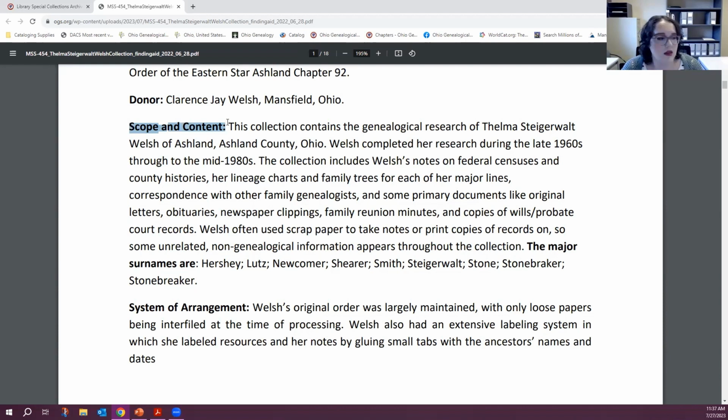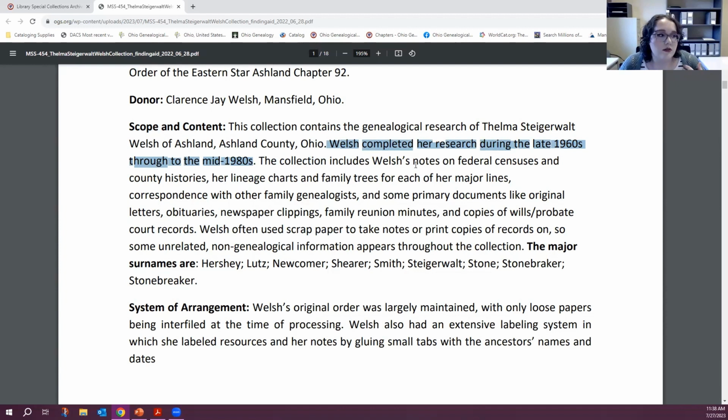So for Thelma, we're talking about how she herself was from Ashland County. She had a lot of Ashland County lines. It also notes when she completed her research, because oftentimes that will affect a collection's content, whether it was pre-internet or post-internet, and it gives people a feel for what they'll actually be looking at.